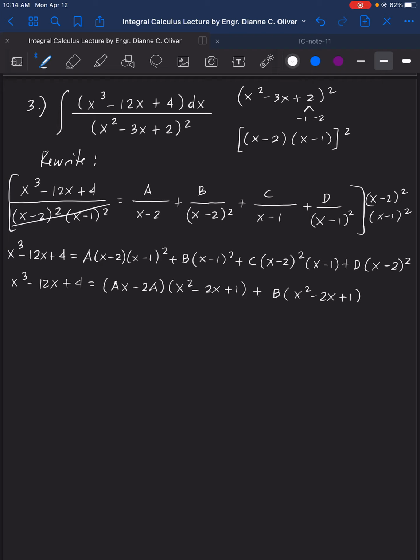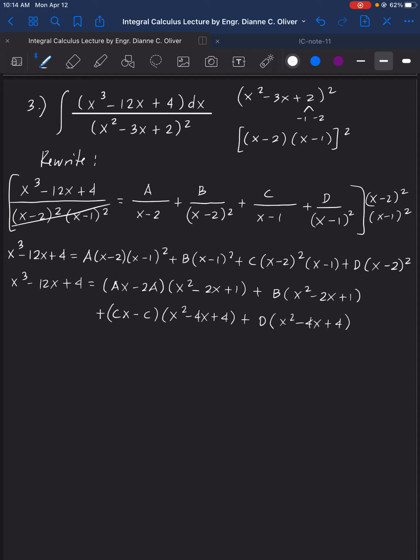Next, lower part, plus c. So we have here cx minus c. Then we have (x minus 2) squared. So we have the x squared minus 4x plus 4 plus d(x squared minus 4x plus 4).